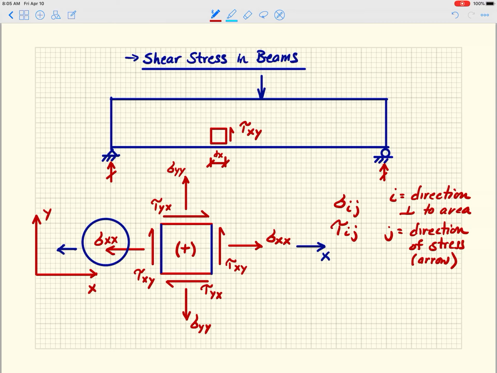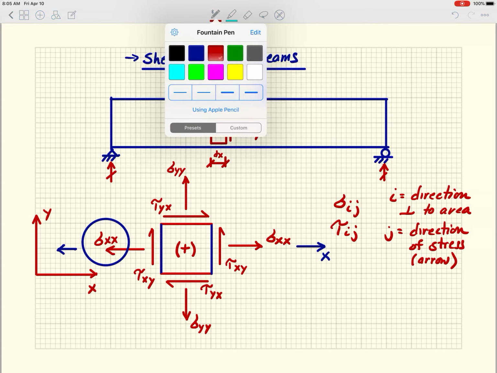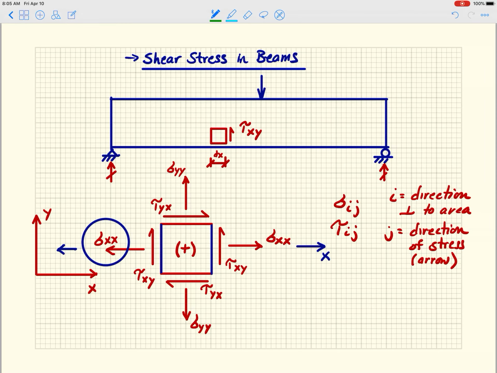So if we look at tau xy, what does that mean? Well, it means that it's on a positive X face, and it's in the positive Y direction, so it's positive. And this one, oh crap, look at what I did.